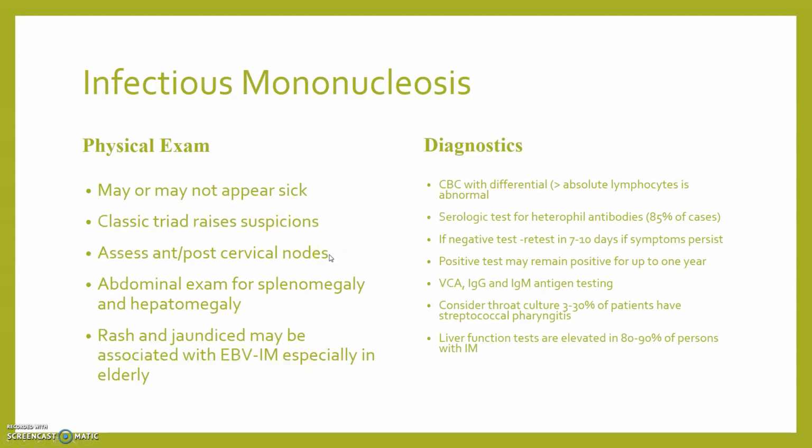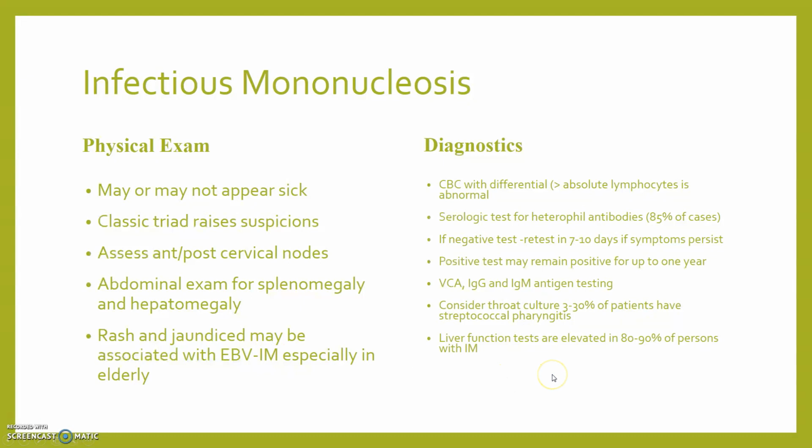Sometimes they can have nodes in the inguinal area, also the axilla, but these anterior posterior cervical nodes are definitely swollen. Typically, the abdominal exam needs to be included for assessing for splenomegaly and hepatomegaly, so that enlarged spleen and liver. And rash and jaundice may be associated with Epstein-Barr virus infectious mononucleosis, especially in the elderly. So that's a nuance for you to remember.